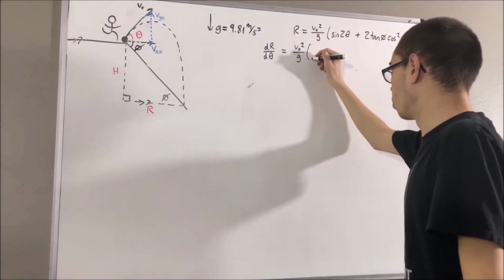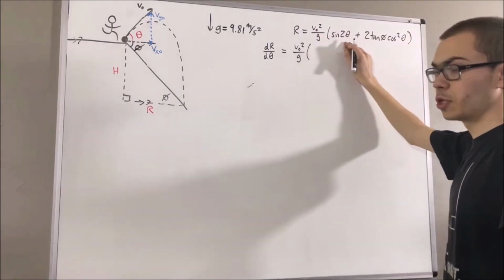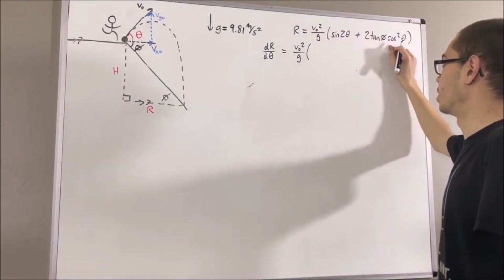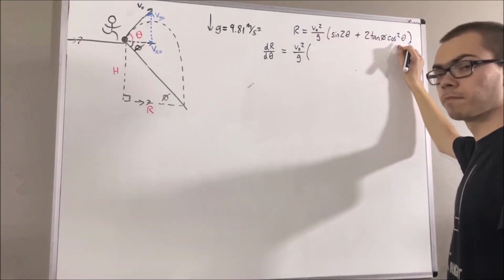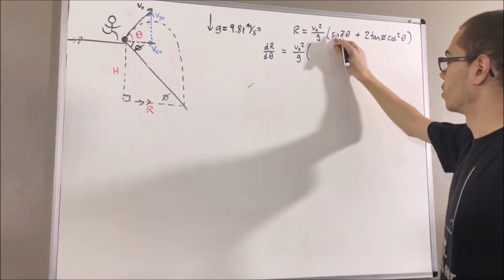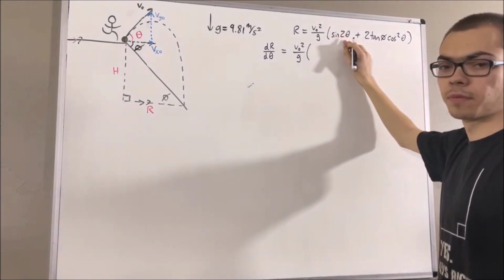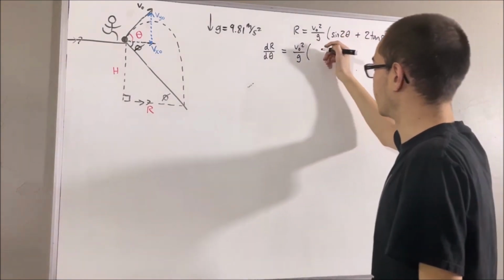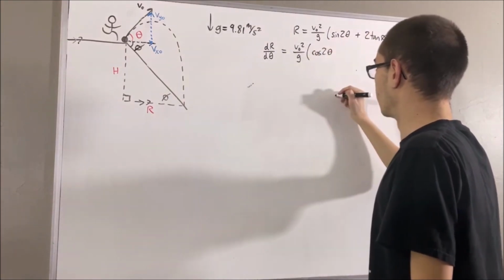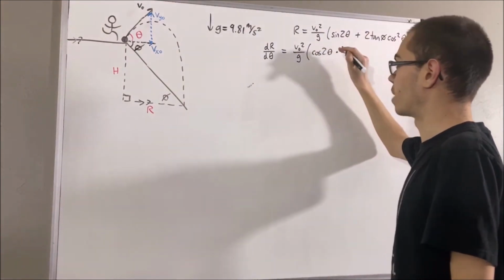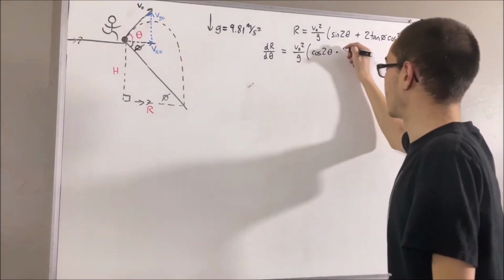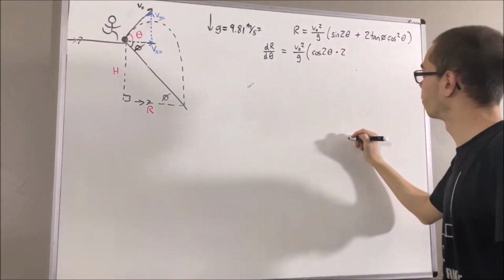And now we're trying to take the derivative of sine of 2 theta plus 2 tangent phi cosine squared of theta. So let's start with the derivative of sine of 2 theta. Well, we know that the derivative of sine is cosine. And then by the chain rule, we just multiply this by the derivative of 2 theta. And the derivative of 2 theta is just 2.